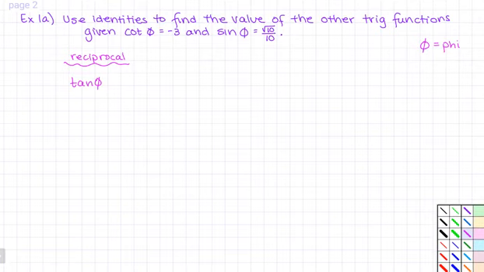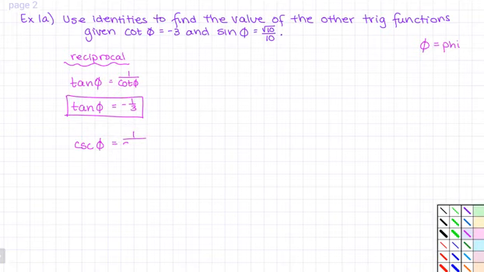So anyway, we know that tangent of phi is 1 over cotangent of phi because they're reciprocals. Therefore, tangent is going to be the reciprocal of -3, so it's going to be -1/3. Boom, one done already. The other one we're given is sine, and we know that cosecant of phi is the reciprocal of sine of phi, so cosecant is 10 over root 10.